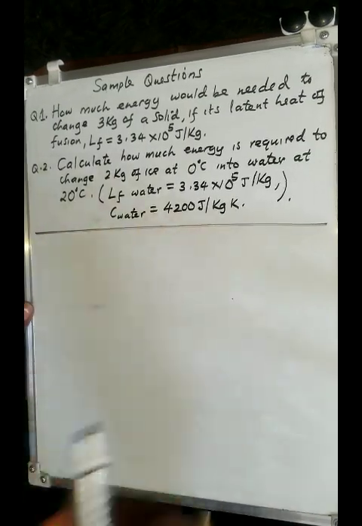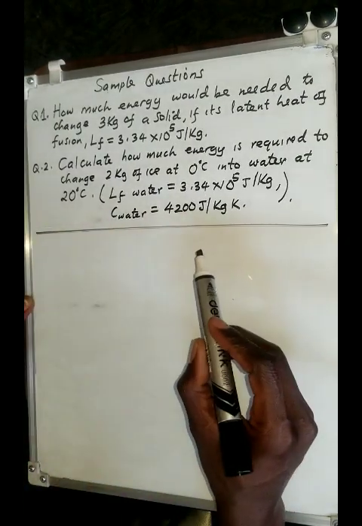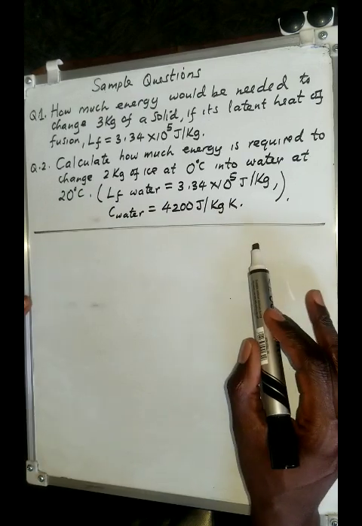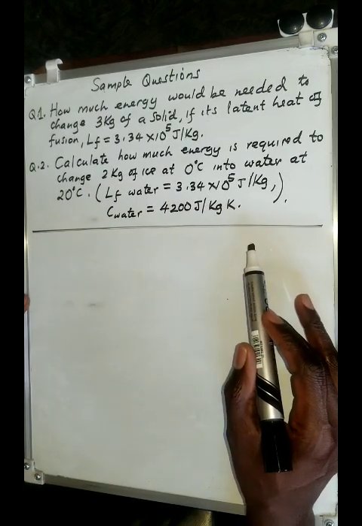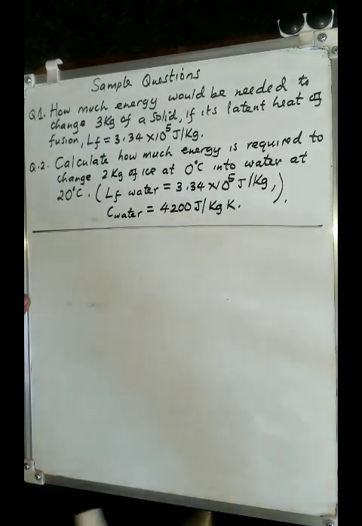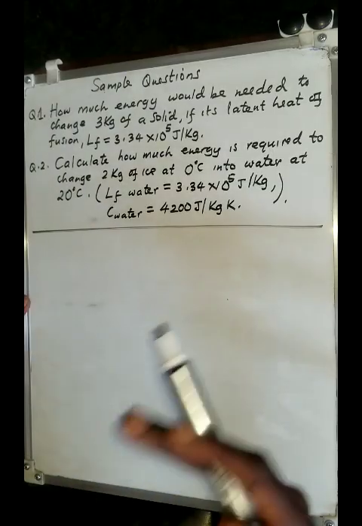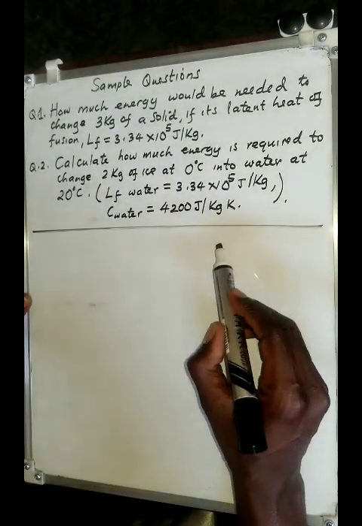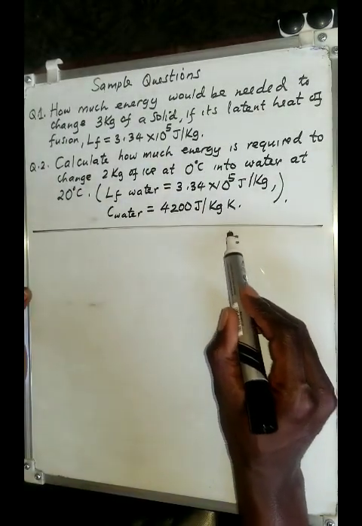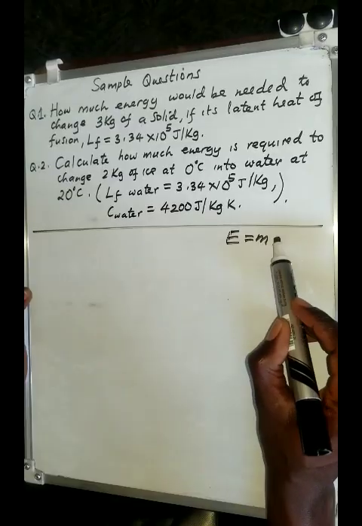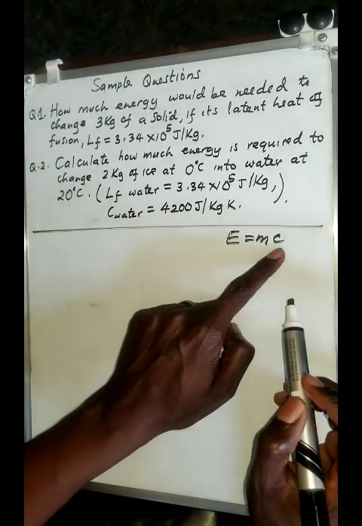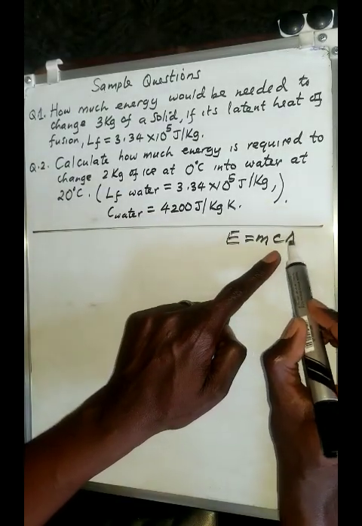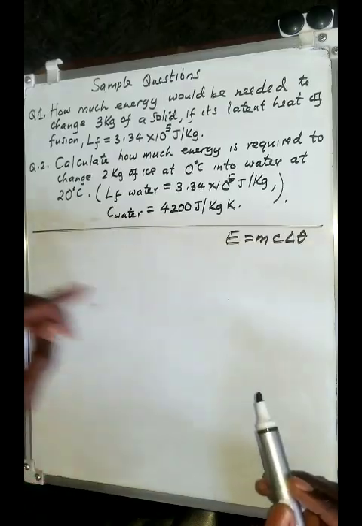Now previously in my discussion, we talked about specific heat capacity, where we said that the thermal energy can also be given by mass, the specific heat capacity represented by small c, and change in temperature, delta theta.